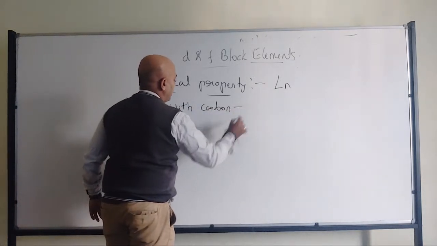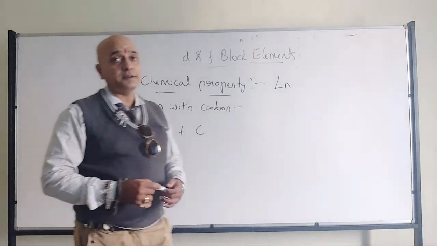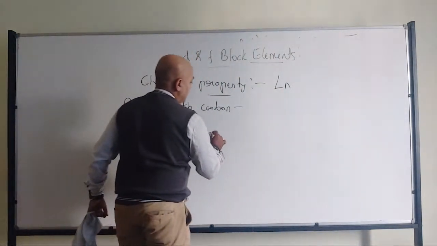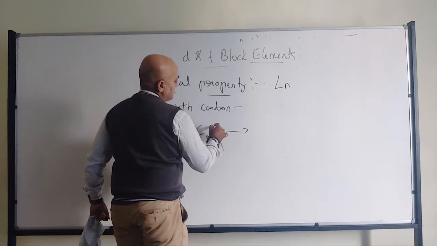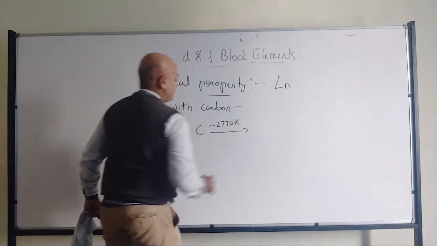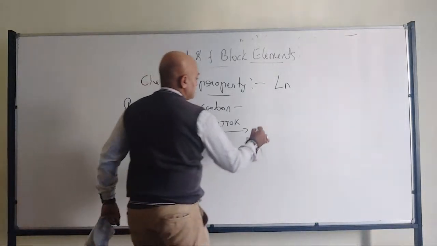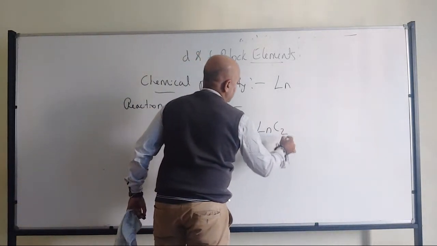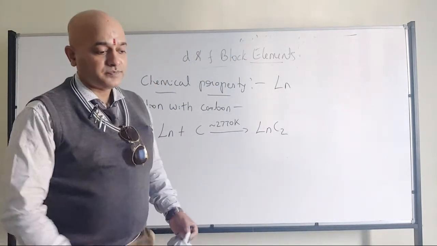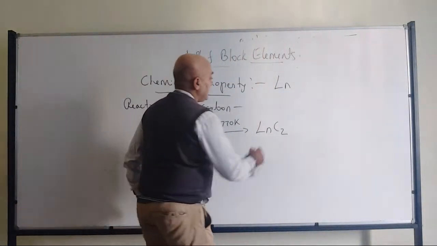Reaction with carbon. When lanthanum is treated with carbon at a pretty high temperature, approximately 2770 Kelvin, it's going to form a compound which can be called carbides.